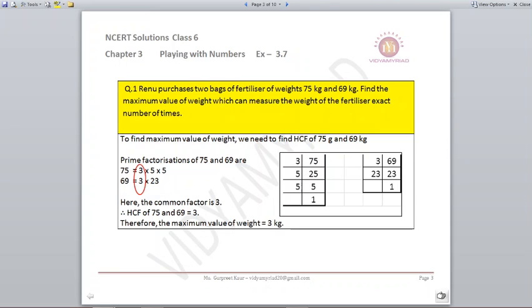For the maximum, we will be finding out the highest common factor, that is the HCF, which we have learnt in the previous video. Here we will use the prime factorization method for 75 and 69 and see what is common in both the numbers. Both have only 3 as their common factor, so we can say that the maximum value of weight is 3 kg.